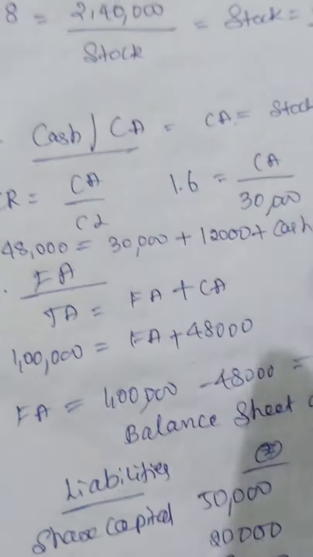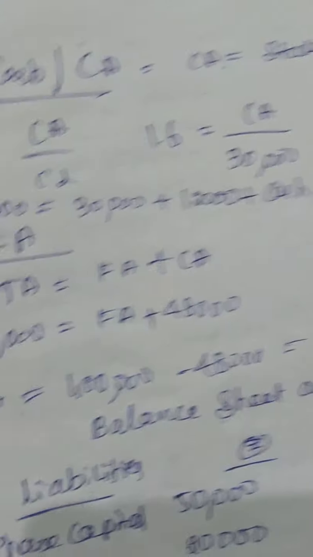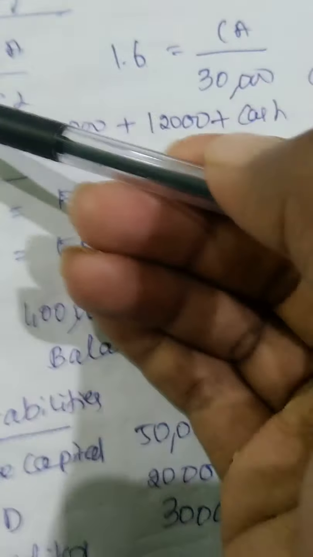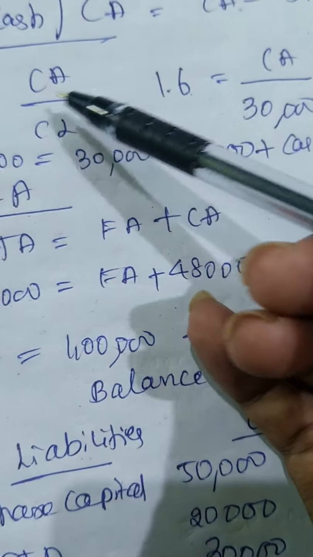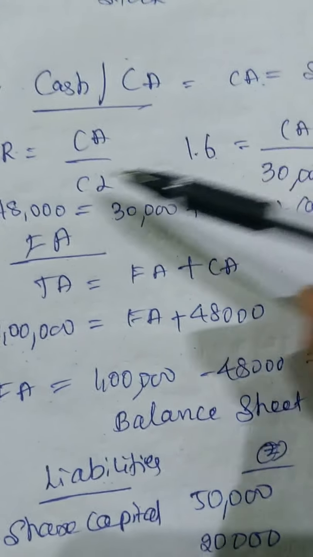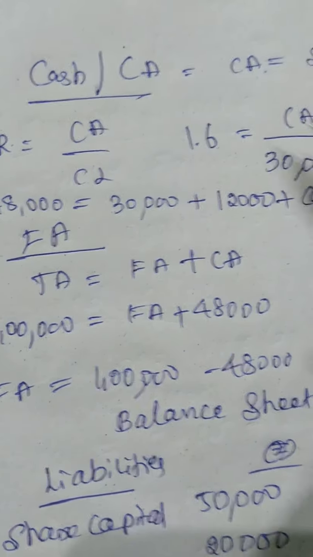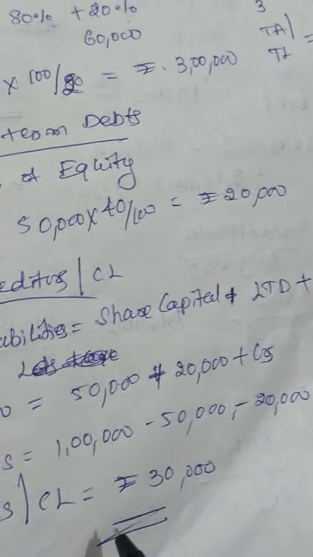Next, in current assets the remaining item is cash, right? Now how to identify cash? By using the current ratio. Current ratio equals current assets divided by current liabilities, and the current ratio is 1.6. Current assets we don't know; current liabilities we had identified here, that is creditors, we don't have any other current liabilities, 30.